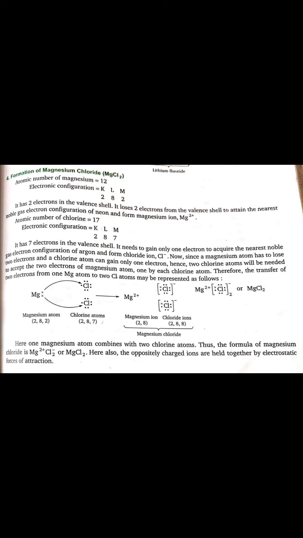If it gains one electron, then again the stable configuration will be formed. It's very clear from the diagram, see children, because magnesium has lost 2 electrons, therefore it is going to form Mg2 positive. And one chlorine has gained 1 electron, therefore one negative charge you are going to show outside the brackets, and another chlorine the same, and this way the formation of magnesium chloride takes place.